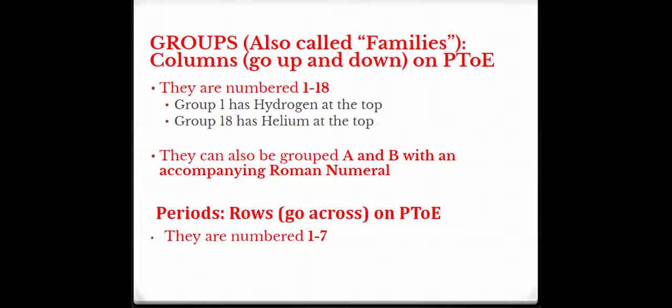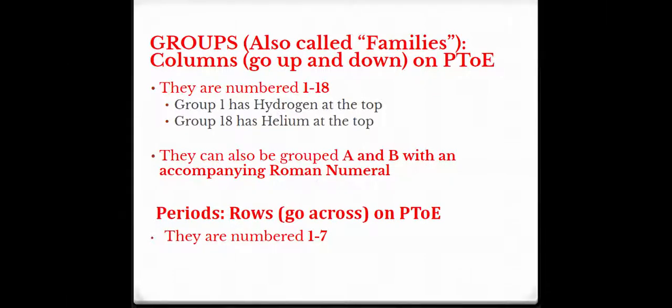The periodic table itself is broken down in two ways. The first are groups, which we can also call families. They are comprised of columns that go up and down on the periodic table. These groups are numbered 1 through 18, with group 1 having hydrogen at the top and group 18 having helium at the top.